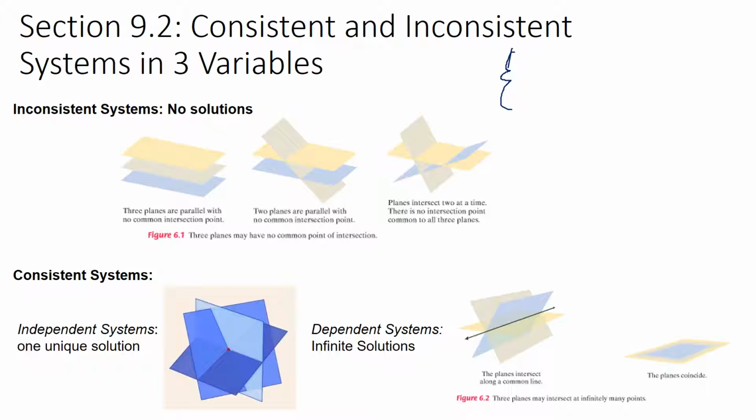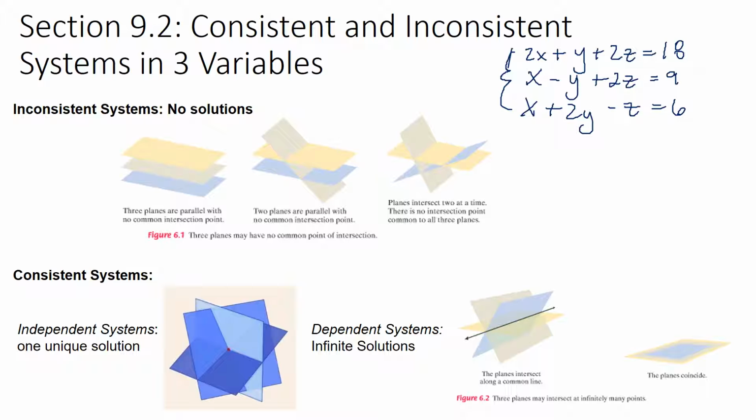So we have something that looks like this: 2x plus y plus 2z equals 18, x minus y plus 2z equals 9, and x plus 2y minus z equals 6. So we have 3 equations and 3 variables, x, y, and z, in this system of equations.